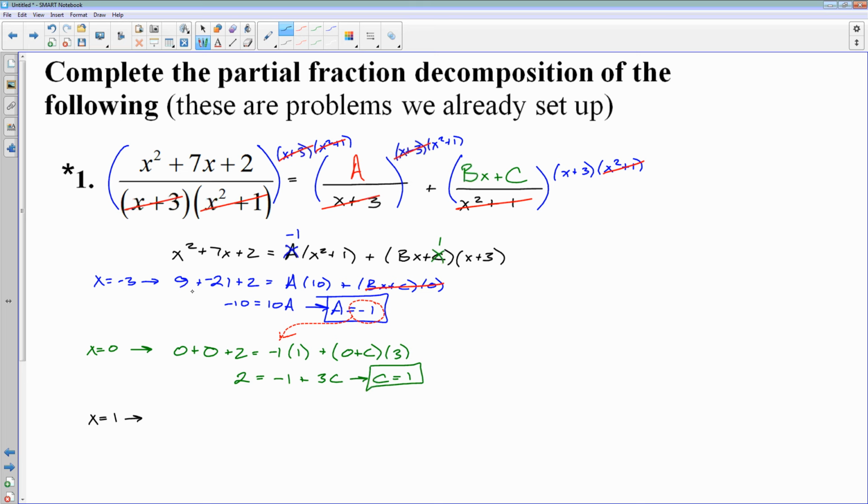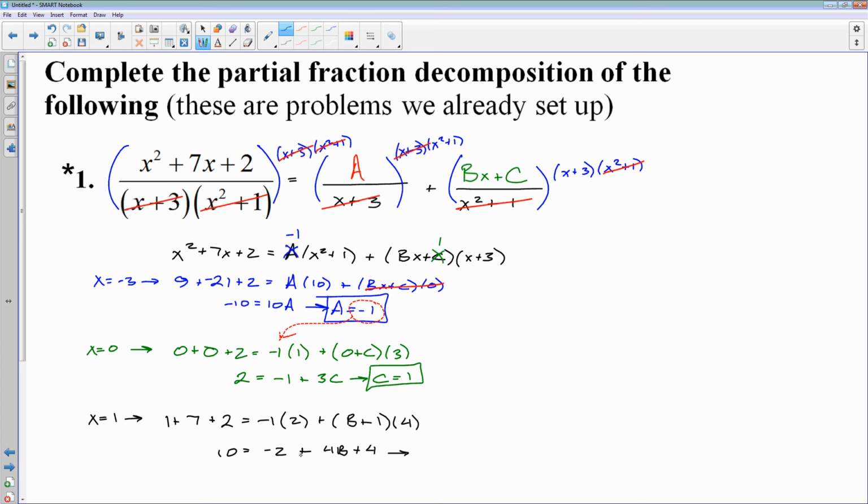If I do that, I have 1 squared plus 7 times 1 plus 2 equals -1 times 1 squared plus 1, which is 2, plus b times 1, plus 1 for c, and then 1 plus 3 is 4, and then we're going to clean that up and we can solve for b. 1 plus 7 plus 2 is 10 equals -2 plus, I'm going to distribute, 4b plus 4.